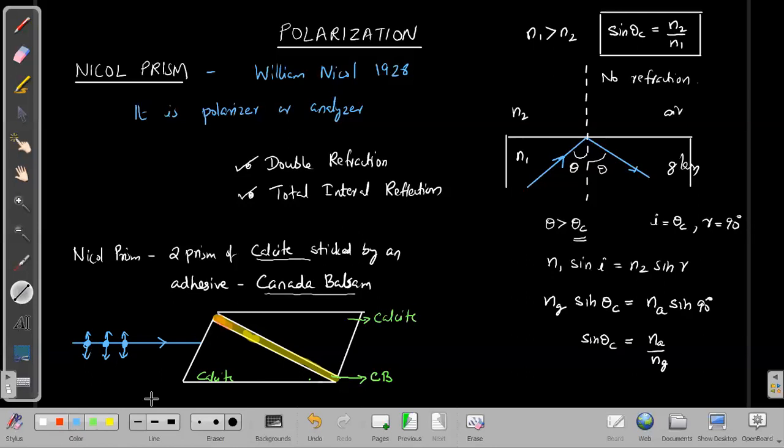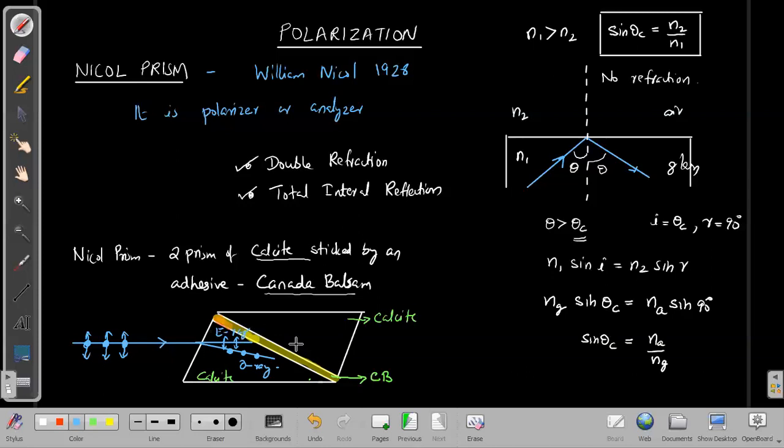So one will contain only dots, the other one will contain only the double-sided arrow. So let us suppose this is your ordinary ray and the upper one is the extraordinary ray.